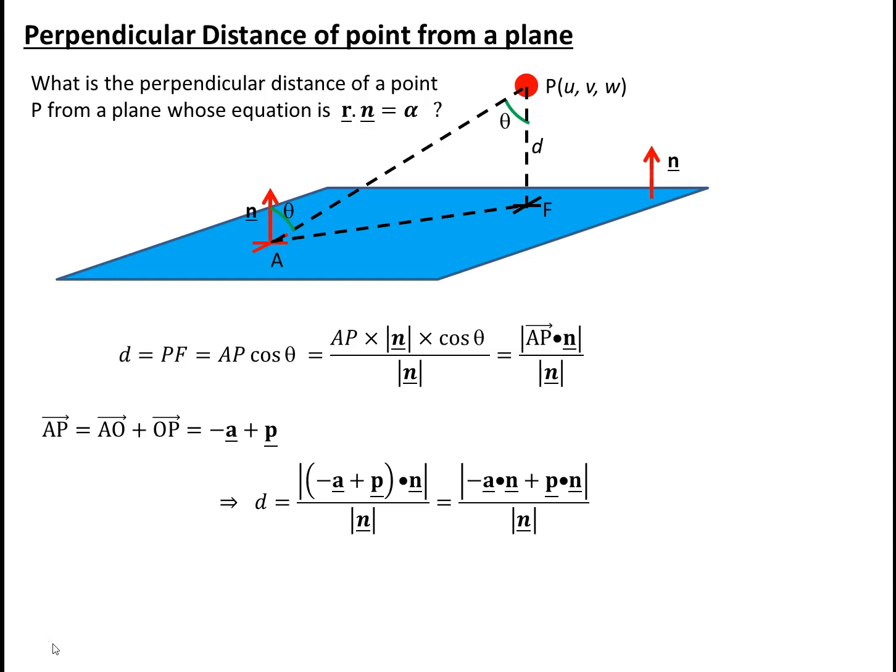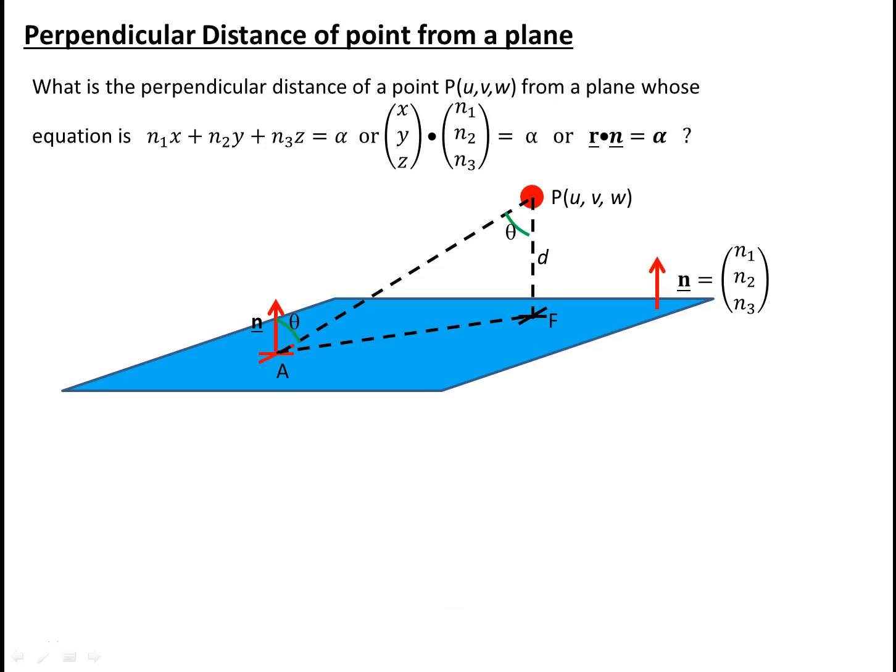So we've got p dot n minus alpha, to take the modulus of and then divide by the size of n. So we've now got the result that the distance is the modulus of p dot n minus alpha, all divided by the size of n. We're now very close to our result.